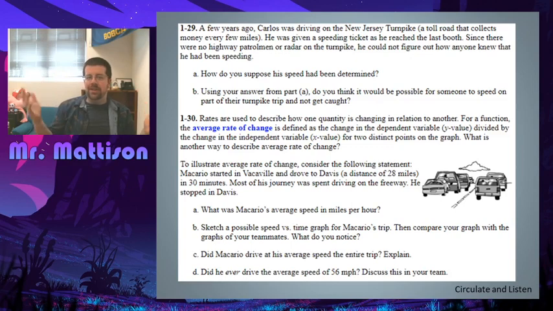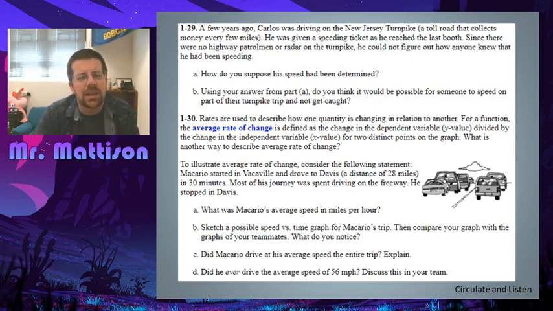So for your average to be 60, there had to have been some point in time where you were going over 60 miles per hour. Since they can guarantee and prove there was a time you were going under 60, there has to be a time that you're going over 60 for your average to be 60. So that's how they can do that. We're going to use that here in problem 30.